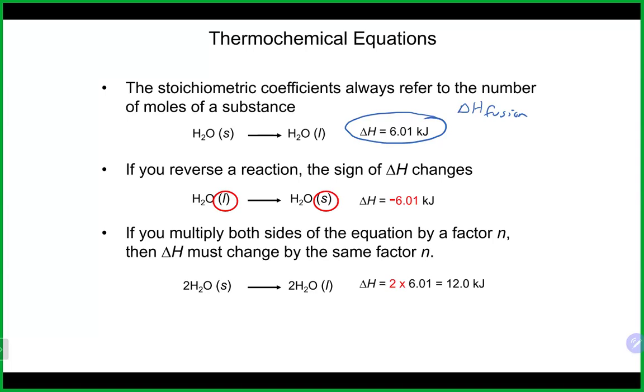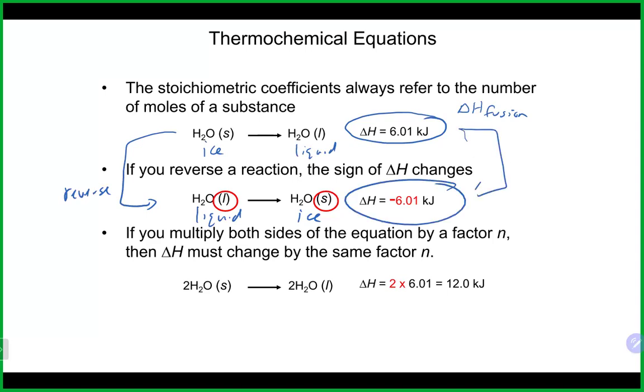Let's just say you were interested not in going from ice to liquid water, but in the opposite way, going from liquid water to ice. A reminder that we reverse the reaction here. From here to here, we reverse the reaction, and what happens is we change the sign.